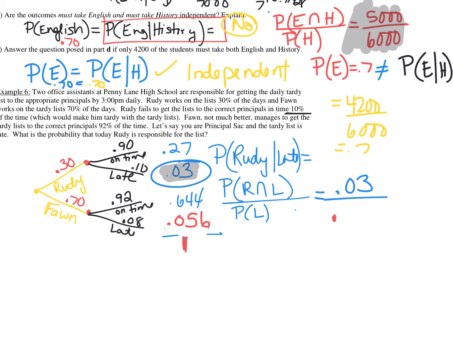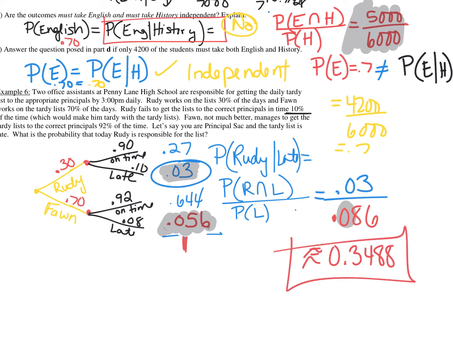So I've got it actually now, probability that they're late is 0.03 plus 0.056, which would be 0.086. All right, so I do that division and I get 0.3488 approximately. Okay, so this is a good review of your basic probability rules, and we hit independence 3 times.